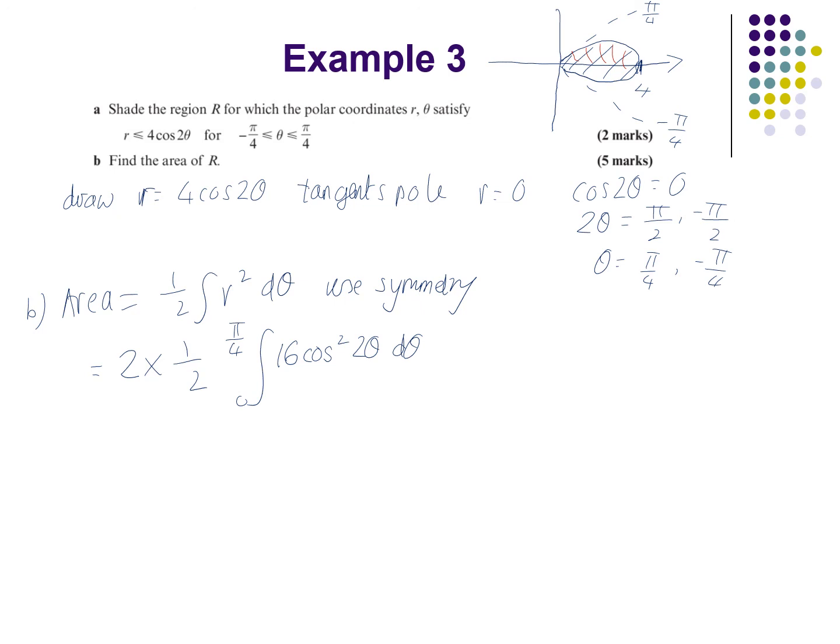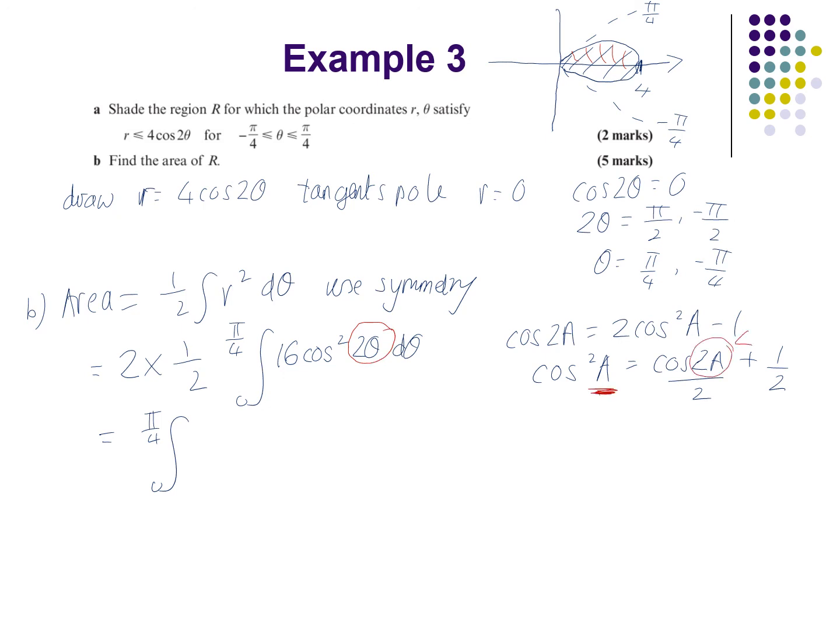Double angle formula again, comes up a lot. Cos 2a equals 2 cos squared a minus 1. So cos squared a is equal to cos 2a over 2 plus a half. So that's what I'm going to sub in here. Think about the argument though: cos squared 2 theta, this is a 2 theta, so this must be a 4 theta.